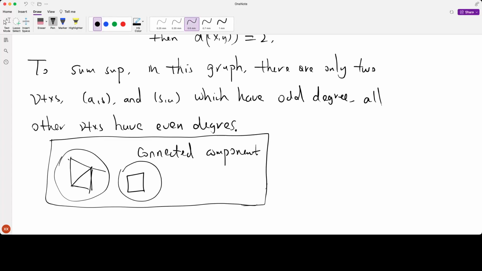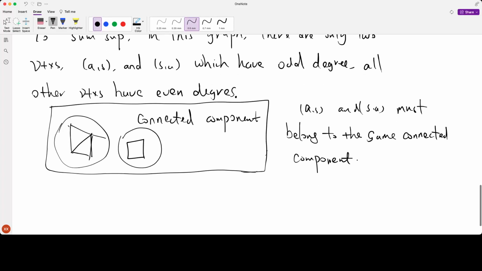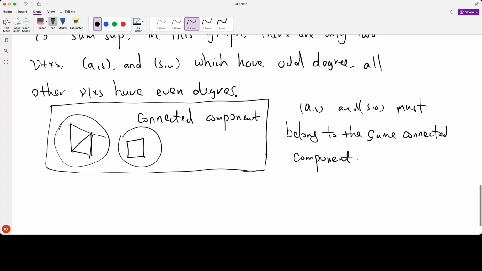So from what we have been observing, we know that the 2 points AS and SA must belong to the same connected component. Okay? If not, it's not possible.